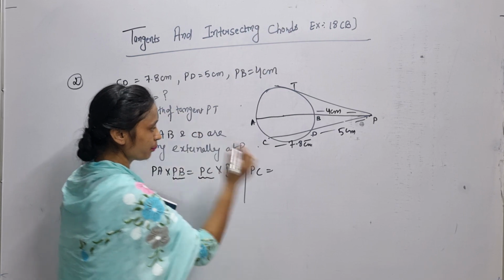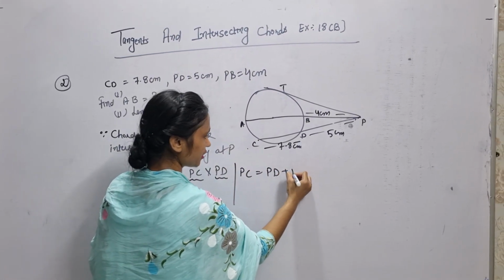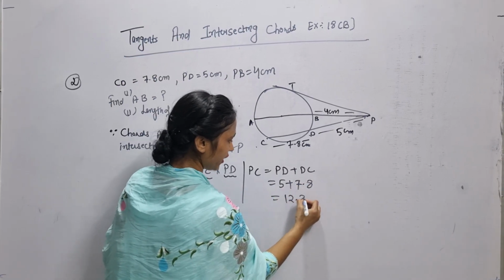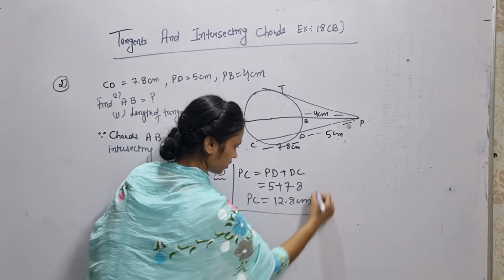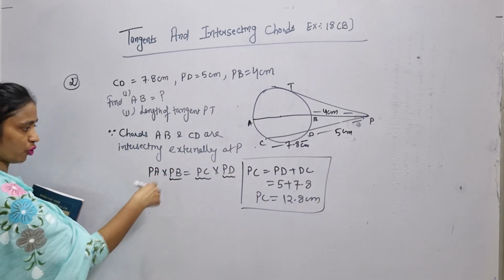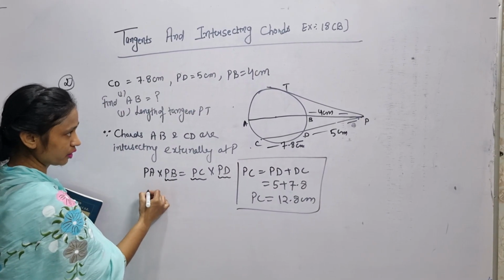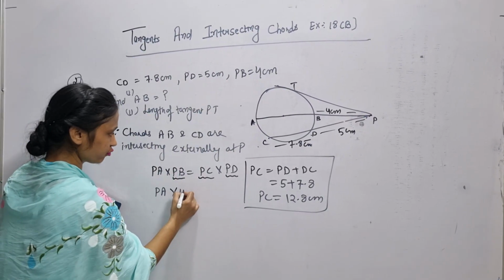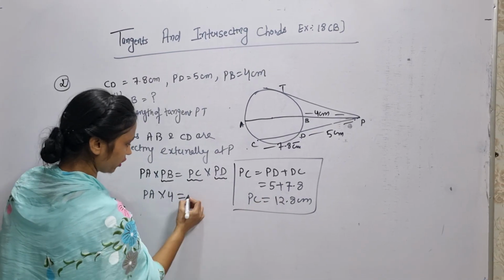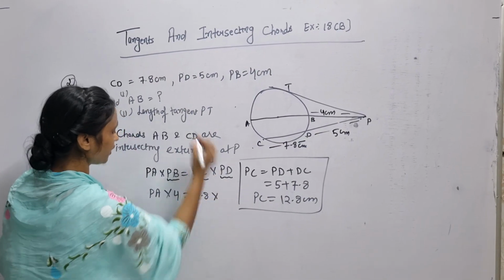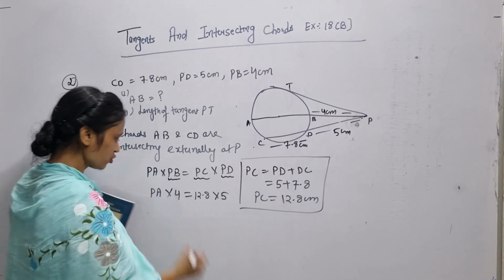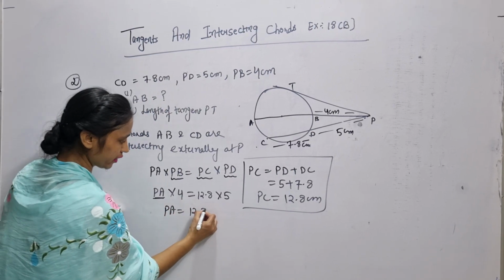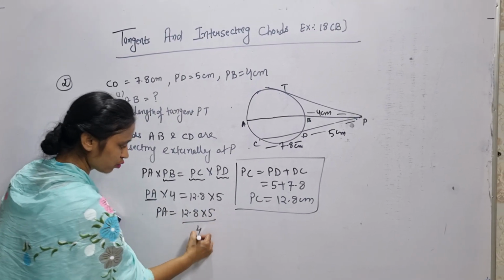PC will be equal to PD plus DC. PD is 5 plus 7.8, 12.8 centimeter. PC is this. Okay, so put all these values here and calculate PA. PA into PB, which is 4, equals PC, which we have calculated as 12.8, into PD, which is 5. So PA will be equal to 12.8 into 5 upon 4.